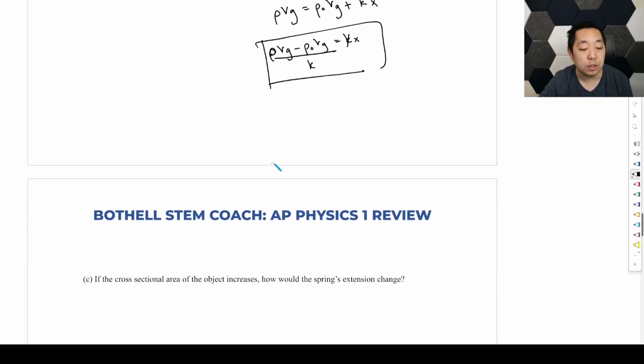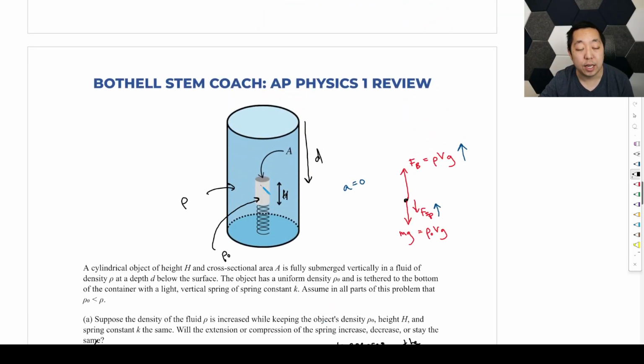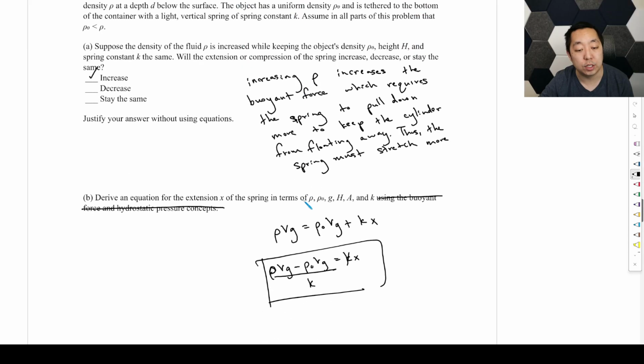Okay. If the cross-sectional area of the object increases, how would the spring's extension change? That means if we increase the cross-sectional area and did not change anything else about the object, then how is this going to change? Oh, we're not given the volume, so we need to throw in the volume here. Sorry about that. Let's take one more stab at that.